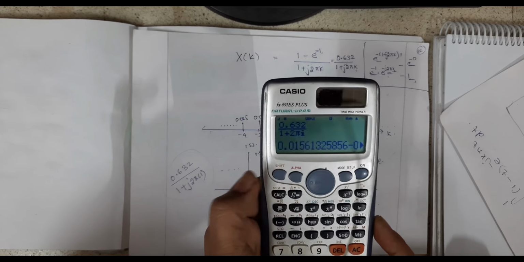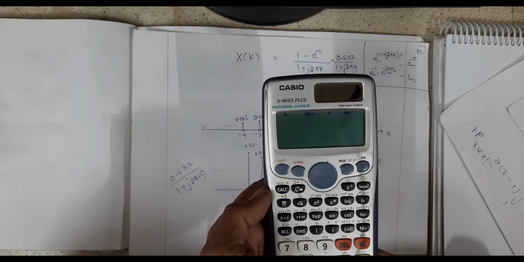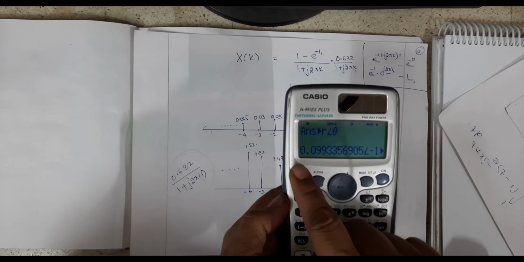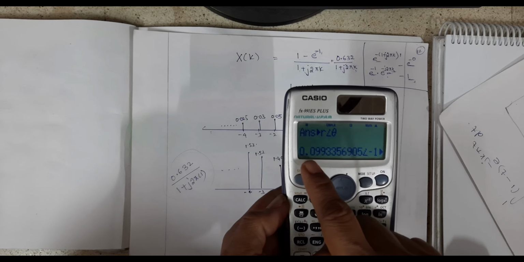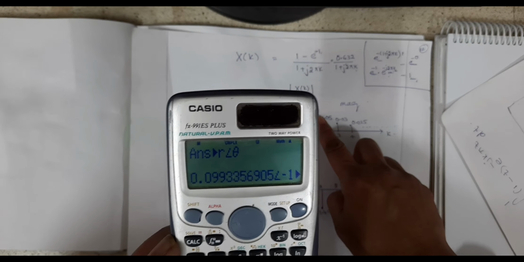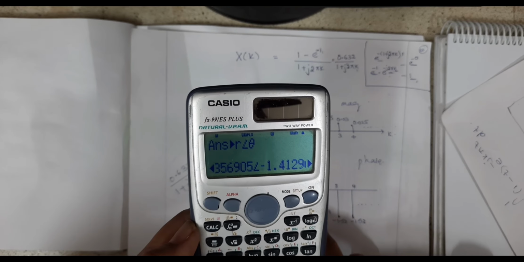Now we want it in polar form, shift 2 3 equal to, so you will get magnitude 0.099, which we round off to 0.1. So amplitude is 0.1 and phase angle is minus 1.41.